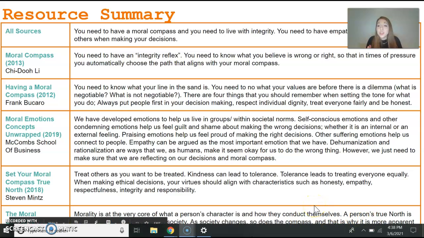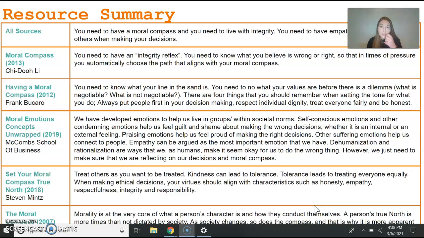Society changes. So the difference was that this article was saying that because our society keeps changing and because we're growing so much in what we know and our knowledge, how can we ever have a true north that's consistent?